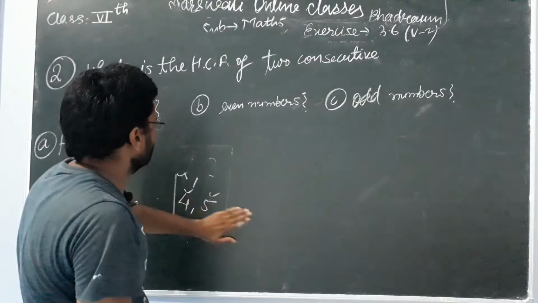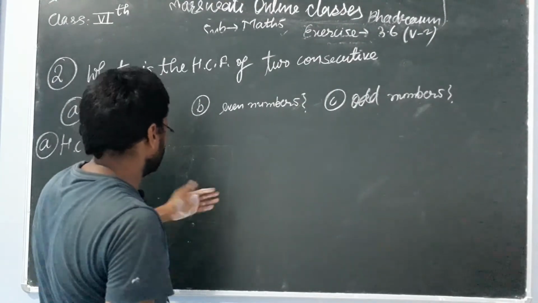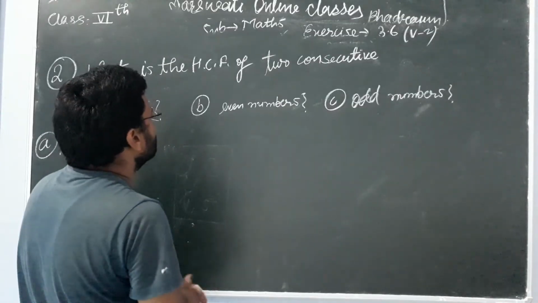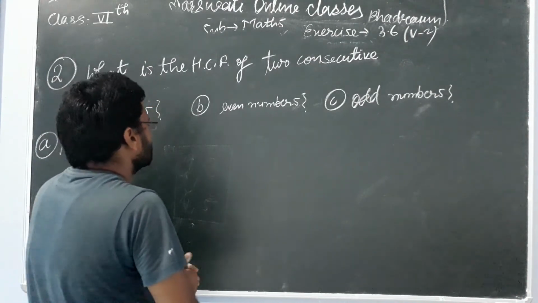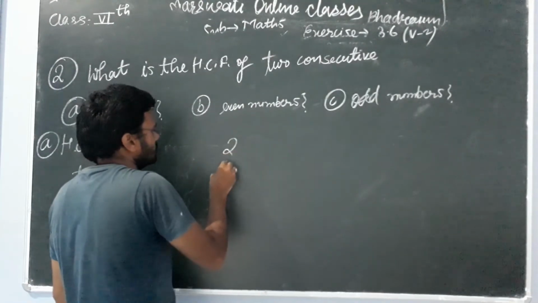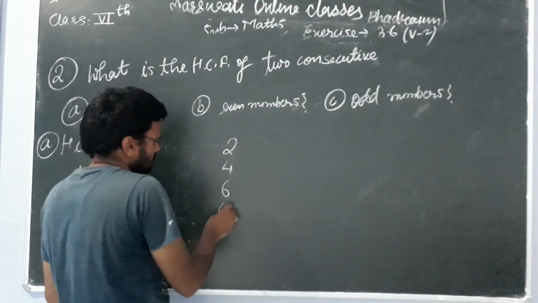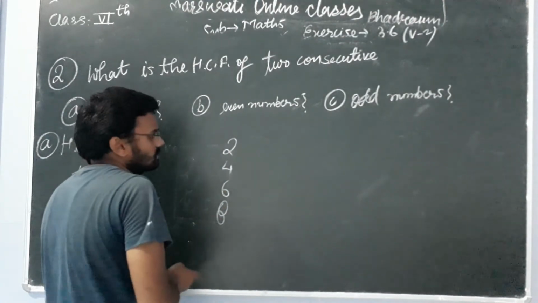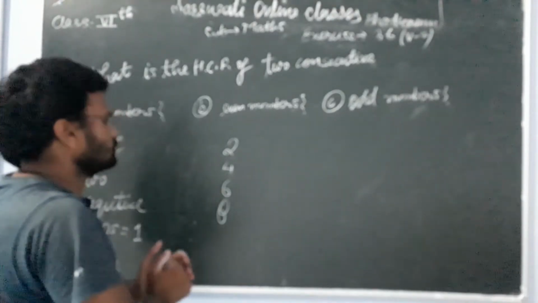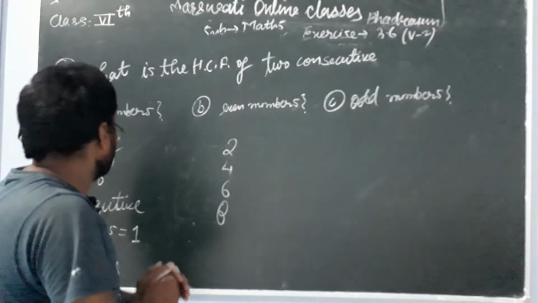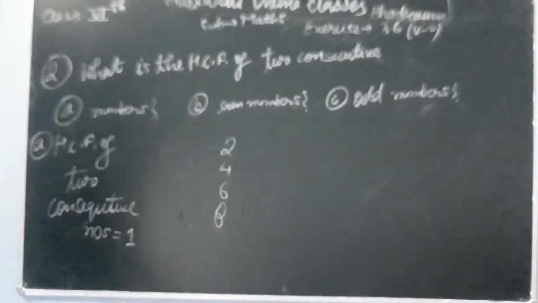The second one is even numbers. If we see two consecutive even numbers, first one is 2, second one is 4, then 6 and 8. Then we see that if we take two consecutive ones, 2 is common.